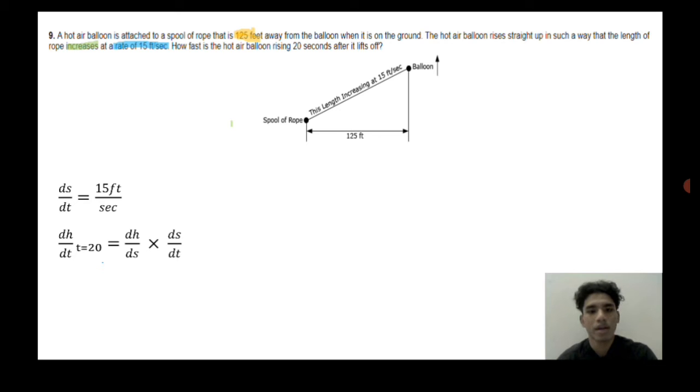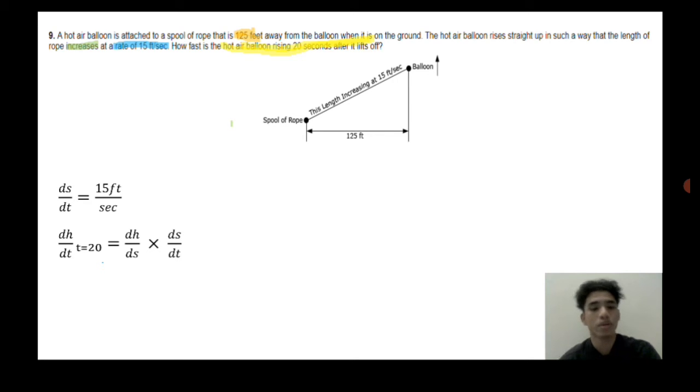The question asks us to find the dh over dt of the hot air balloon 20 seconds after it has lifted off. So using chain rule, the equation will be dh over dt when t equals 20 seconds equals dh over ds multiplied by ds over dt.